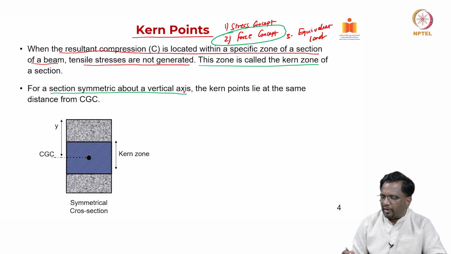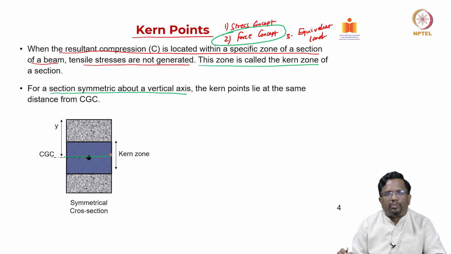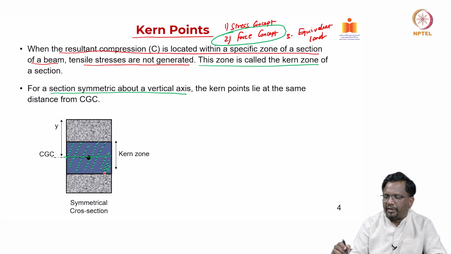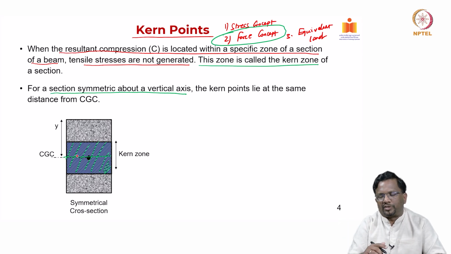So, for example, if you look at this rectangular section and the CGC is this, you will find that the top Kern point and bottom Kern point will be the same. For a symmetrical cross section, the Kern zone is going to be this highlighted area, right. So, that means within the zone, if C is acting, then no tension stresses will be generated.